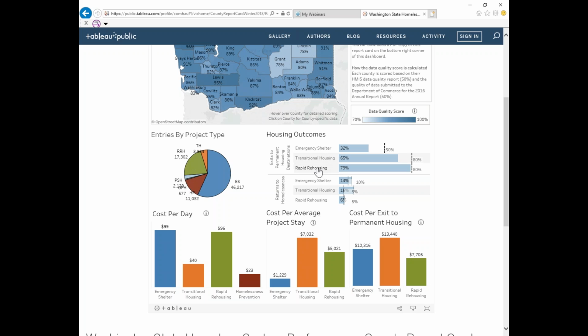So you can see here that in Washington, our rapid rehousing programs exit 79% to permanent housing, which is great. This line over here, 80% represents the targets that we've set as a state. So you can see how close or far away we are from targets.